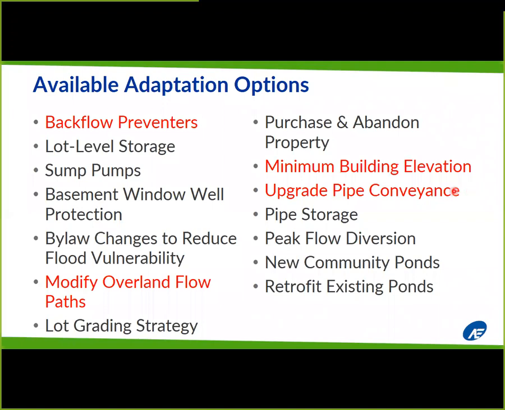And then we also wanted to look at some things that would not normally be considered, like modifying overland flow paths so that you can safely convey this water downstream, so it's not going to pose such a problem to the public, whether it's safety or otherwise. Another option was looking at minimum building elevations, and that's really examining a safe elevation to build to in different areas.